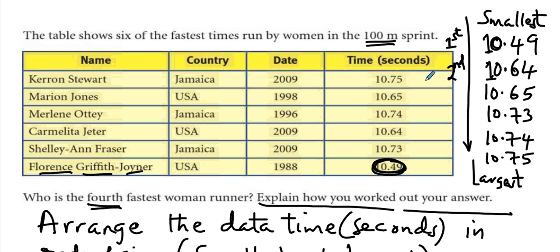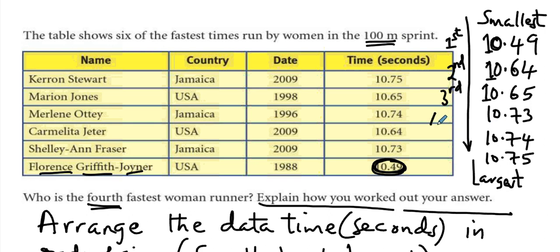She completed the 100-meter sprint in just 10.64 seconds. See that? 10.49 was the first, 10.64 was the second, and then the third winner, the third fastest woman runner, took 10.65 seconds to complete the 100-meter sprint.